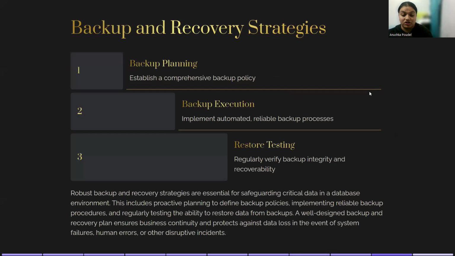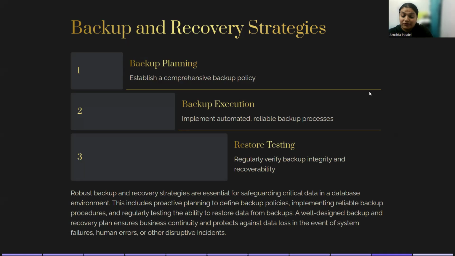Backup and recovery strategy. Backup planning: establish a comprehensive backup policy. Backup execution: implement automated, reliable backup processes. Restore testing: regularly verify backup integrity and recoverability. So backup and recovery strategies are really important here. Robust backup and recovery strategies are essential for safeguarding critical data in a database environment.